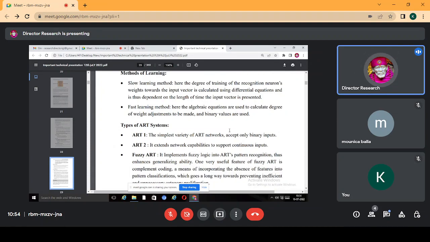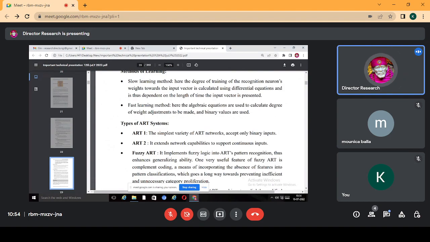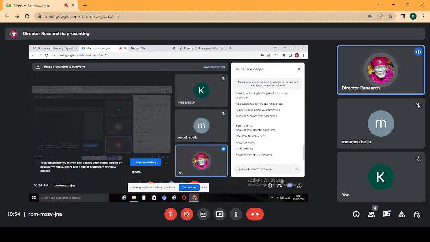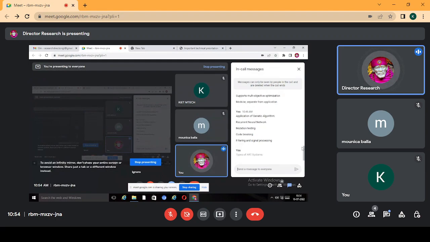A very important topic is the types of ART systems, which are very useful in practically oriented applications and implementations. Types of ART: observe very clearly the keywords I am highlighting in my chart box. They are purely practical. You can apply each and every one in the practical aspect.